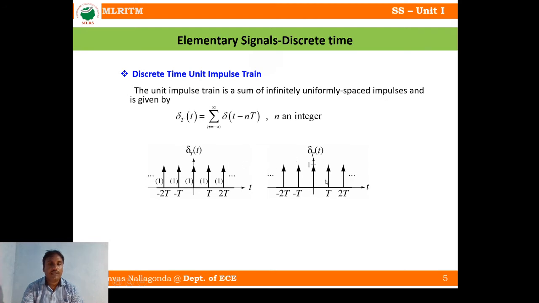Each and every sample has amplitude 1. When n is equal to 0, 1, 2, you get 1T, 2T, 3T and 4T shifted versions of the impulse signal, and it is a summation having infinite samples, uniformly spaced. The gap between two samples is T seconds. So this is a unit impulse train in discrete form.